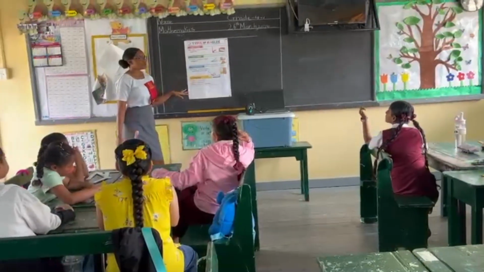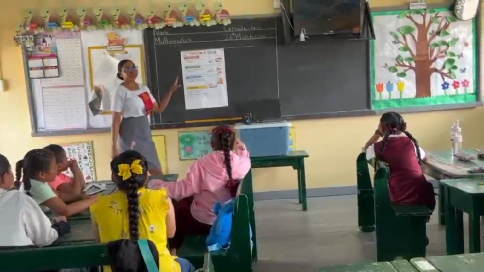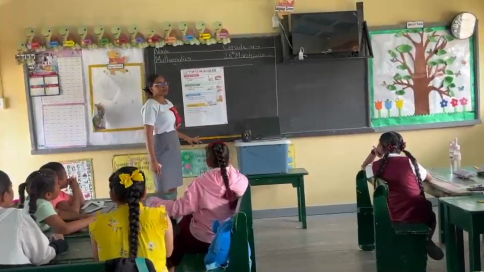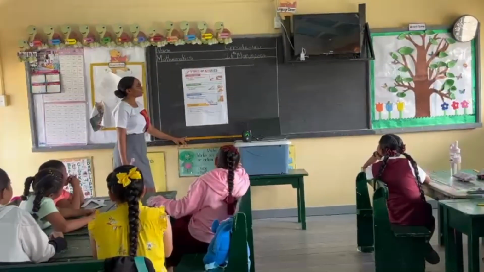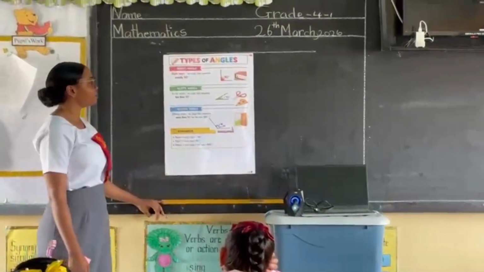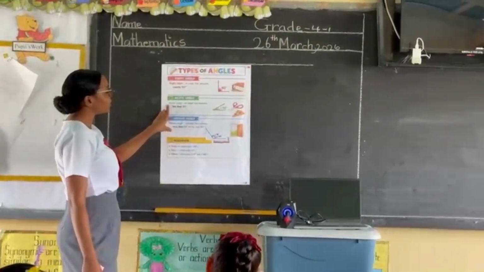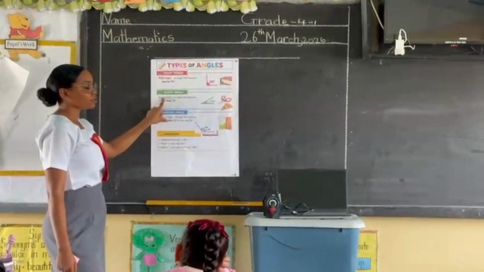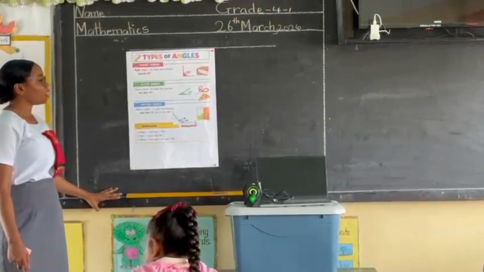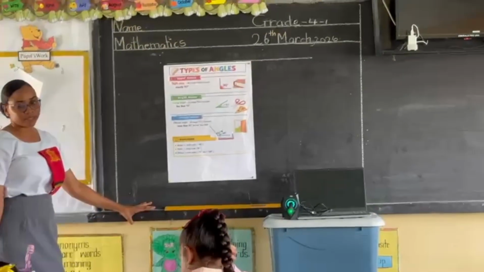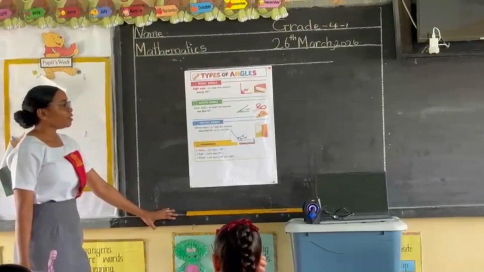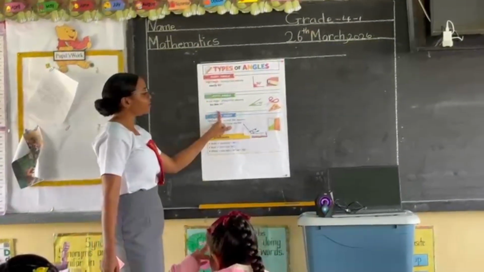These are the angles we will be looking at. And what is the first one? Right angle, and we already know that a right angle is measured exactly at how many degrees? 90 degrees. Right, the other one. What is the other angle? An acute angle. And how much is an acute angle measured? Less than 90 degrees, right?